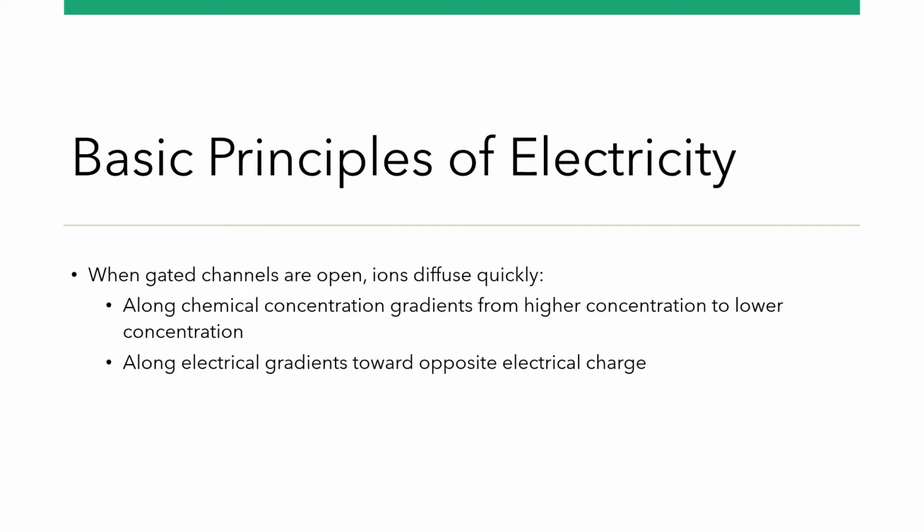All right, when we have voltage-gated channels and they open, ions will move very quickly through them, and they will move along the chemical concentration gradients. And so just like we've talked about in previous labs a long time ago, things move from an area of higher concentration to lower concentration.